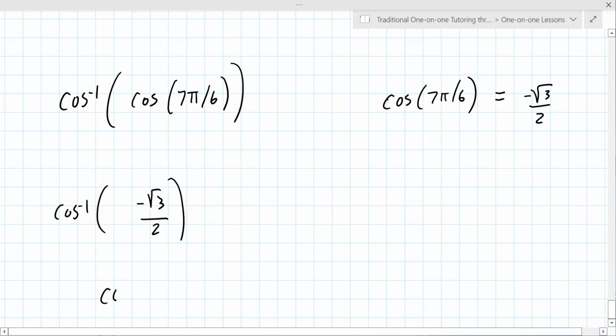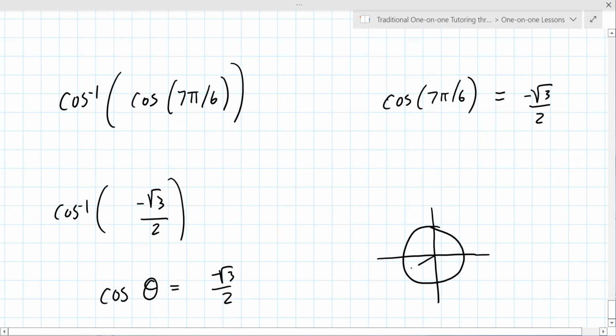So what this is really asking is the cosine of what angle equals negative root 3 over 2. Now you just gave me one of the angles, 7 pi over 6. But the problem is you're restricted to 0 to pi. So is there another angle where the cosine of that angle is minus root 3 over 2?